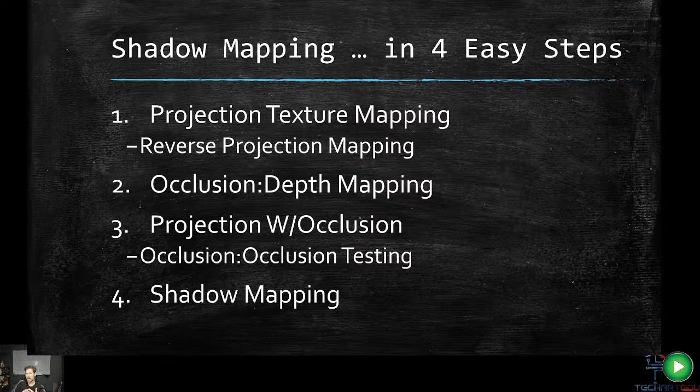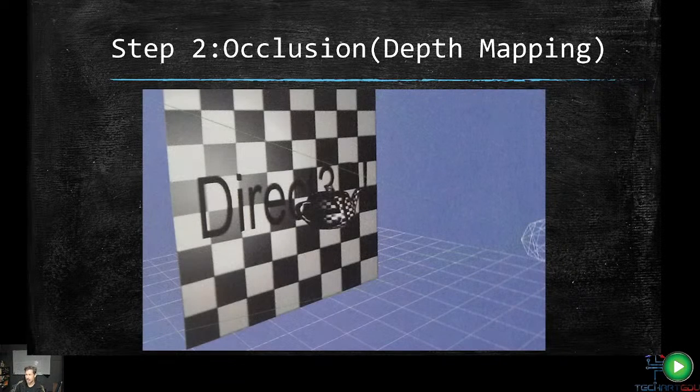This week, we're going to bring in another technique called depth mapping. Depth mapping is kind of unrelated, but essential, because without it we can't do the third and fourth steps, which are projection with occlusion and then finally shadow mapping. So what is depth mapping? When we're projecting from a light, as we can see from this diagram, projecting from this nonagon onto the scene, parts of it are being occluded.